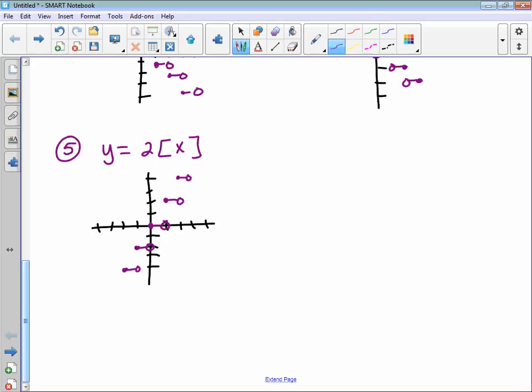So what if it had been a half in front? Yeah, you'd have little tiny steps moving up. Okay, you'd have a whole bunch of them. All right, so the outside one, that's not too tricky.